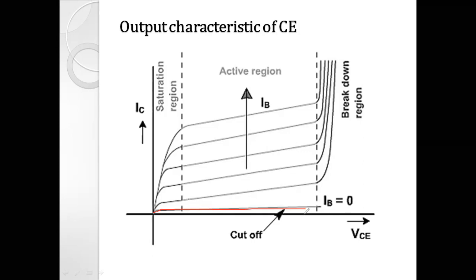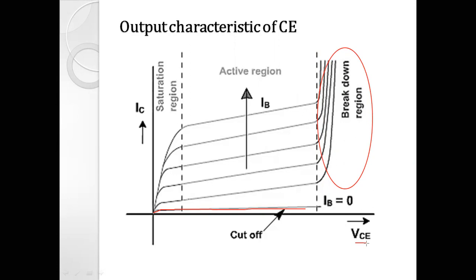And here also you can see this breakdown region, that is due to excessive value of VCE, the output voltage. In common emitter configuration, the collector emitter junction is in the reverse bias condition.